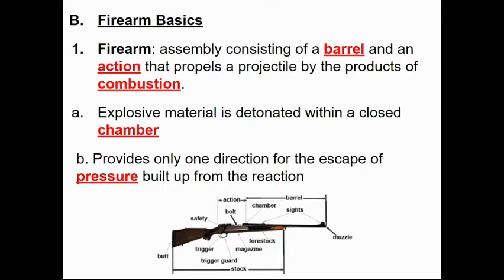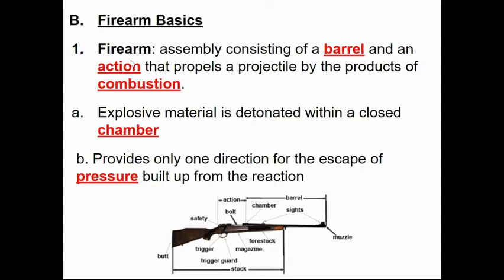The products of combustion, what does that mean? It means igniting the gunpowder and causing an explosion. Generally, combustion means burning with oxygen. And in this case, if we rapidly burn the gunpowder, that is really an explosion. The difference between burning and an explosion is really the speed of this type of chemical reaction.